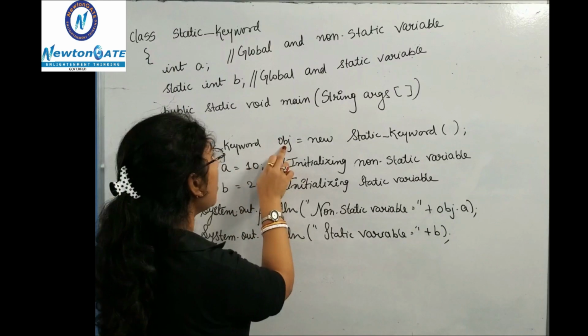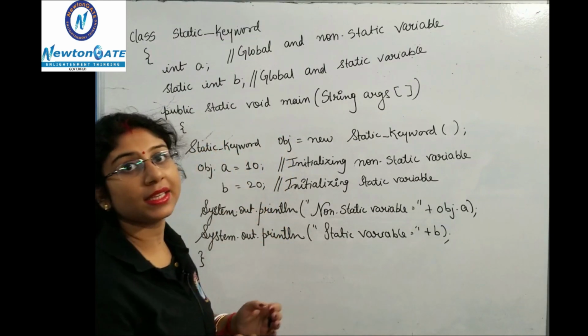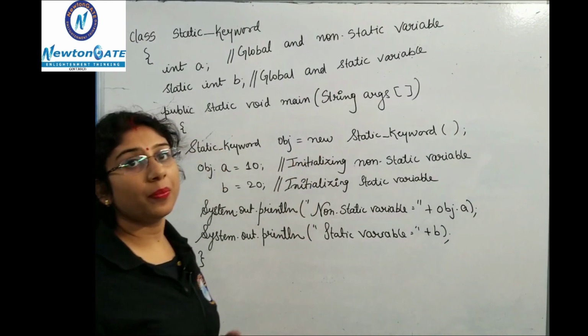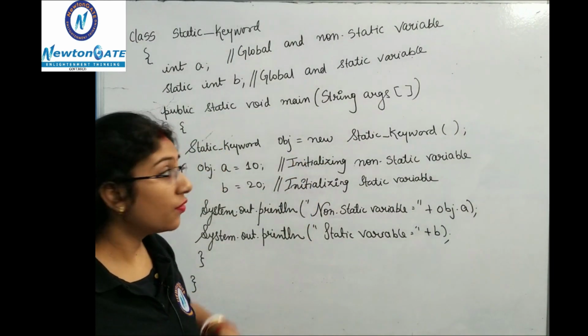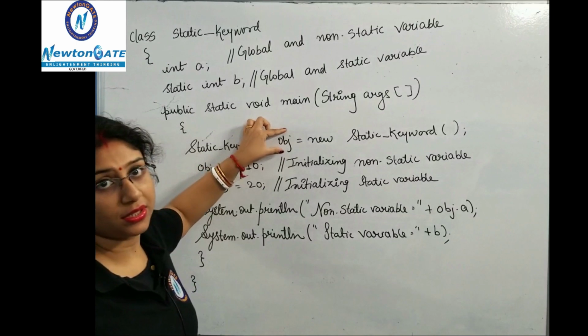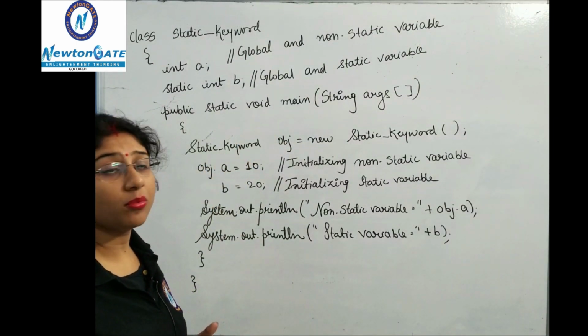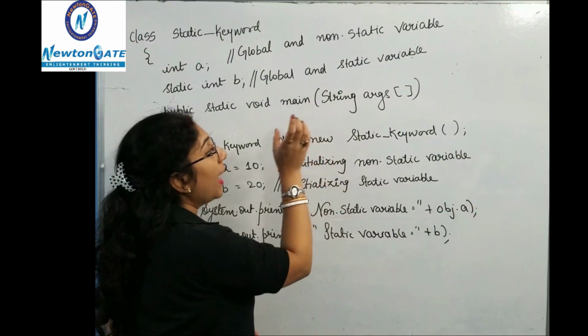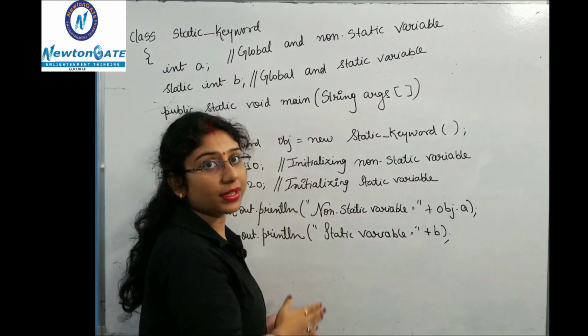Now this object belongs to the class named static keyword. Next is new. New is an operator which is used for creating this object, and it will also allocate memory for this object.